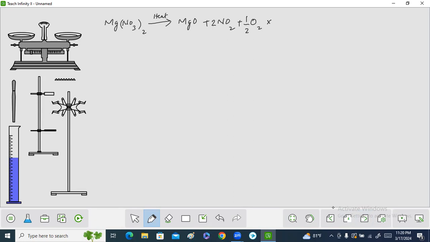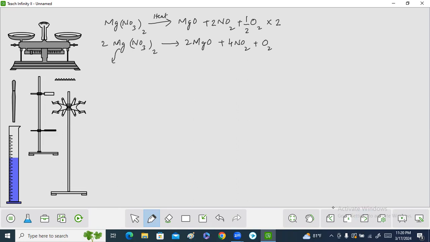So to make it whole numbers, you can multiply that equation by 2. This is also a balanced chemical equation, but you can write it like this: 2Mg(NO3)2, and then 2MgO plus 4NO2 plus O2, because 1 by 2 times 2 is 1. So that's why this is the final balanced chemical equation.